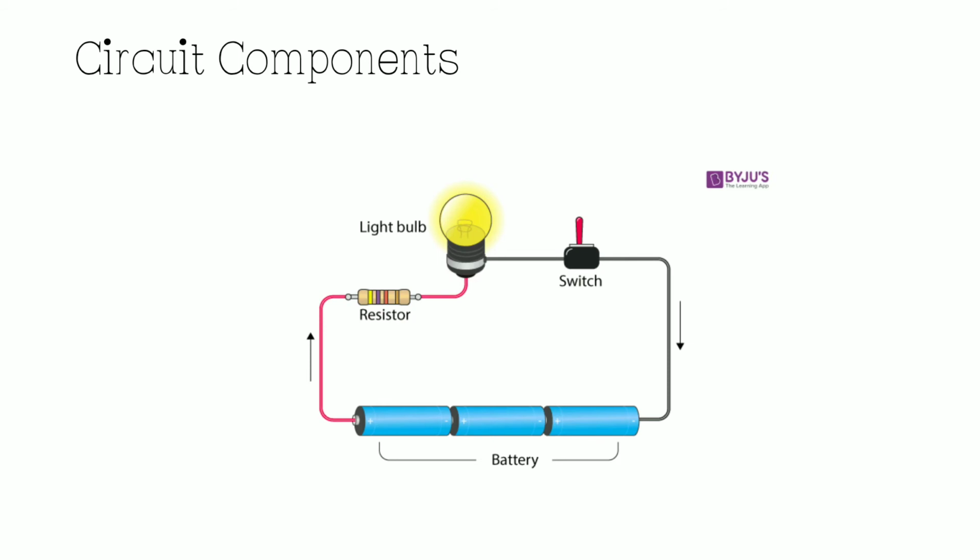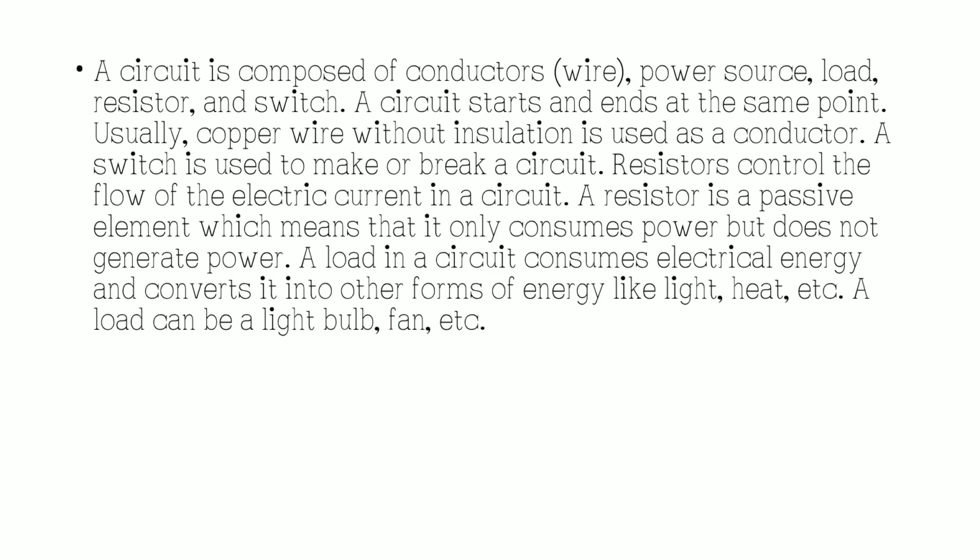So this is another demonstration of a series circuit with a resistor. A circuit is composed of conductors, that is wire, power source, load, resistor and a switch. A circuit starts and ends at the same point. Usually copper wire without insulation is used as a conductor.